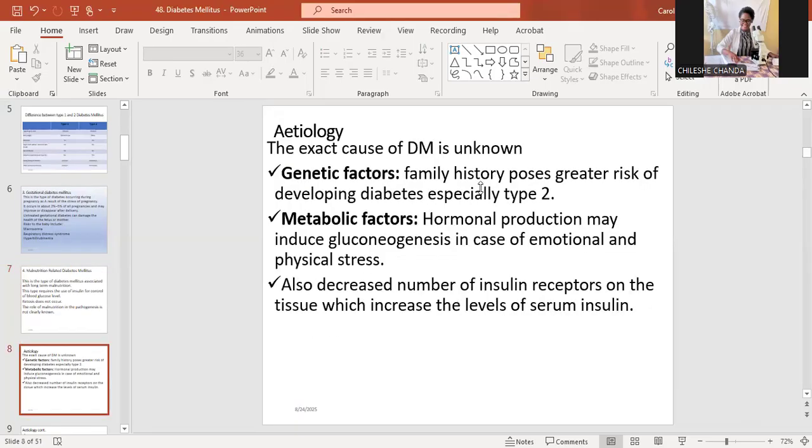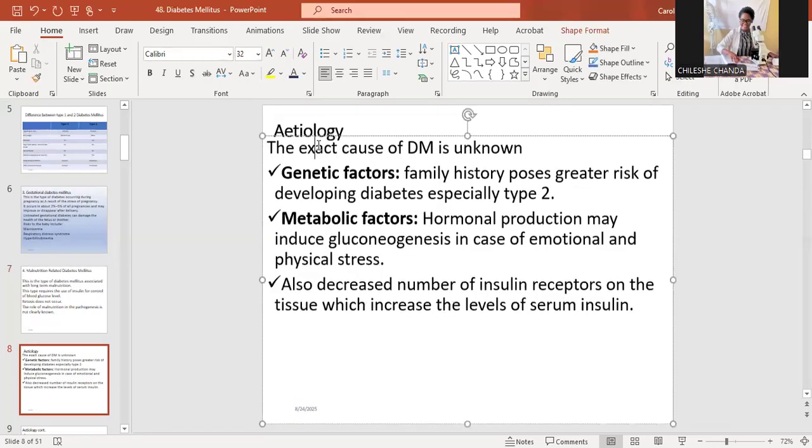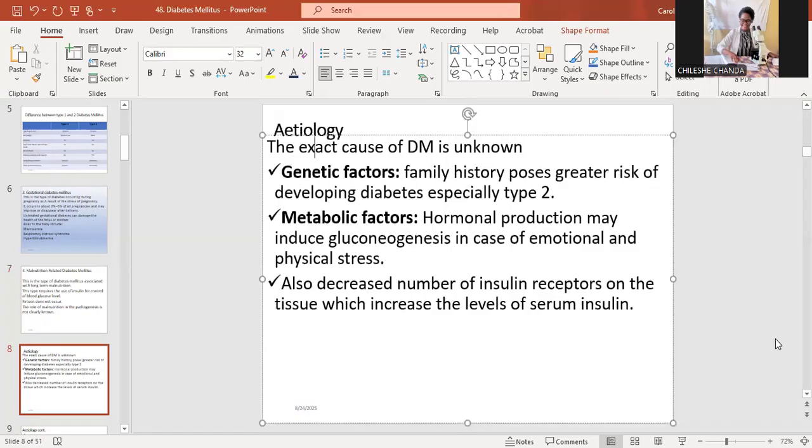Now, what are the predisposing factors of diabetes mellitus? We are saying that the exact cause is unknown. However, we have predisposing factors, and these include genetic factors, meaning family history. All right. So if there is a family history, you find that the patient is likely to develop diabetes mellitus, especially type 1.